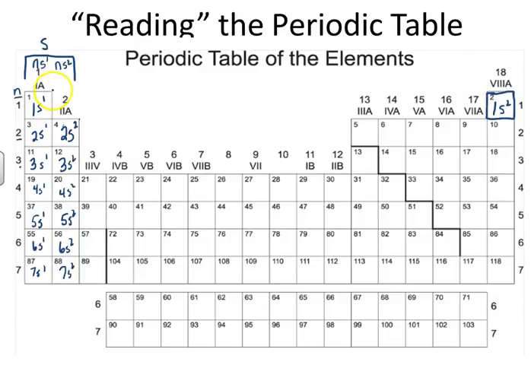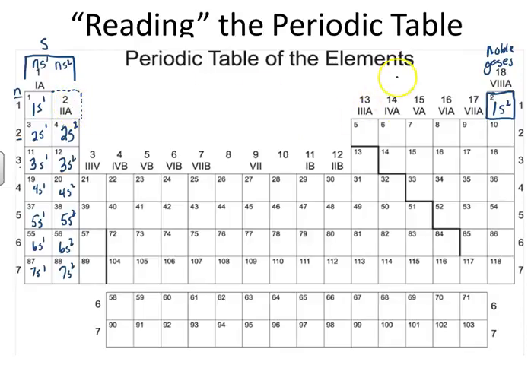It actually fits by its ending electron configuration in this location. However, because it behaves like the other members of this family, which are the noble gases, it's placed over here by chemical behavior, but its electron configuration fits here.